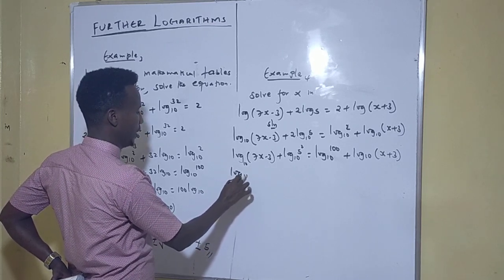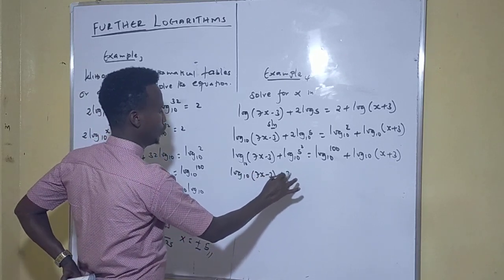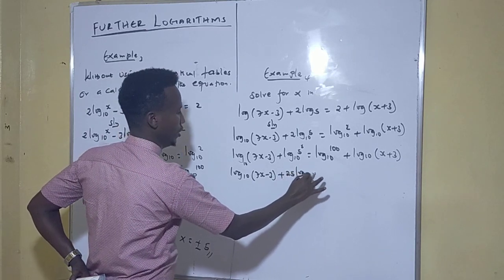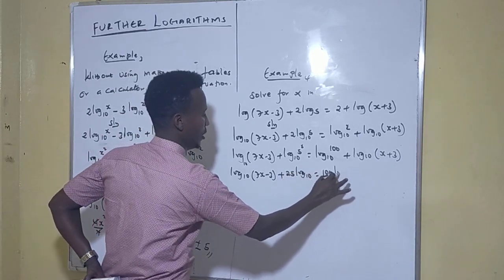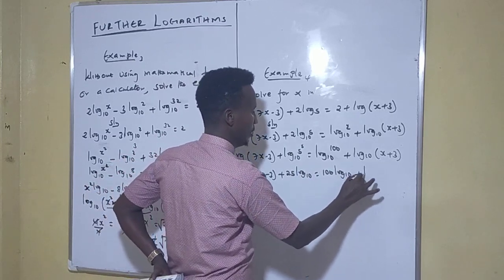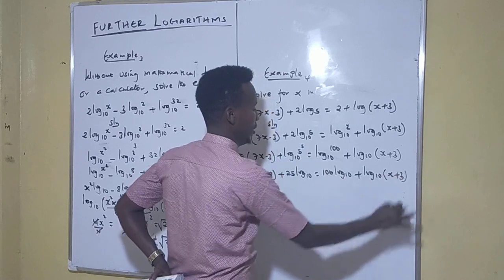So here it will be log base 10 of 7x minus 3 plus 25, which is 5 squared, is equal to 100 log base 10, because like this on this side, plus log base 10 of x plus 3.